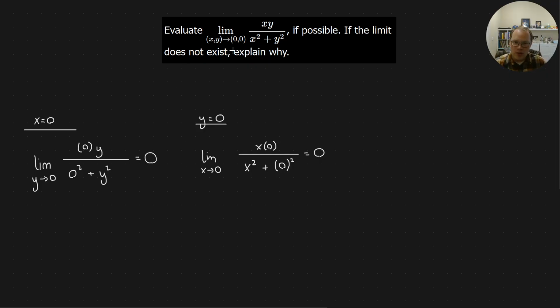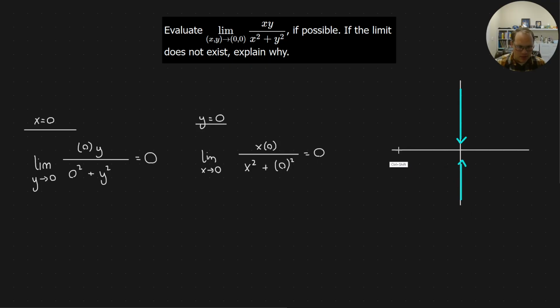Does that mean the full limit has to be 0? So remember, in order for a limit to exist, it's not enough to just check two directions. The limit has to exist and agree along every path in every direction. We've just looked in two. Okay? We've just looked down the y-axis, that's x equals 0.